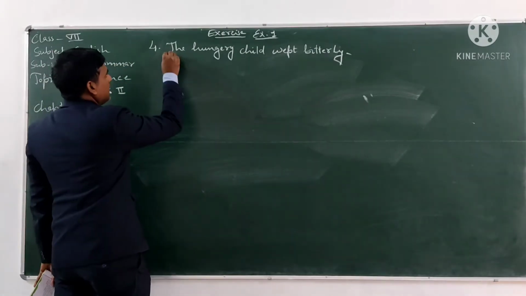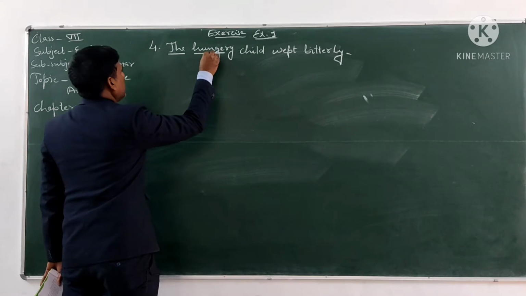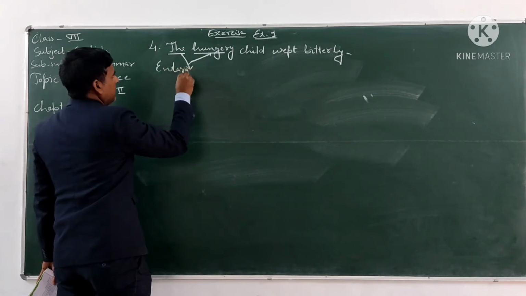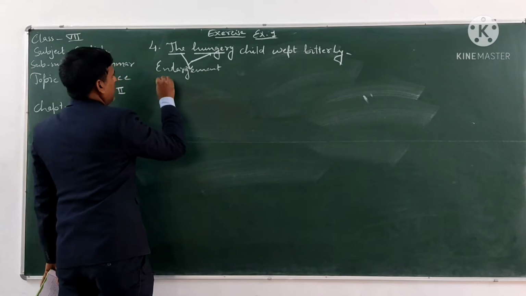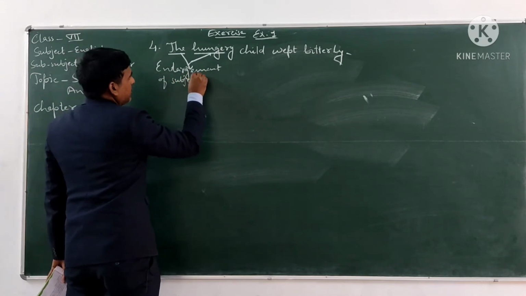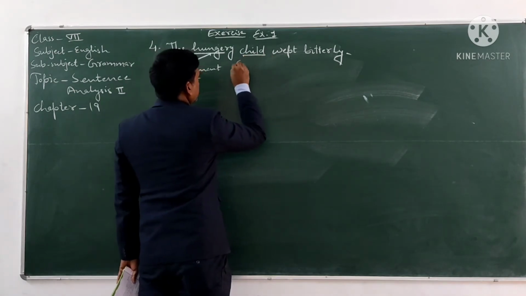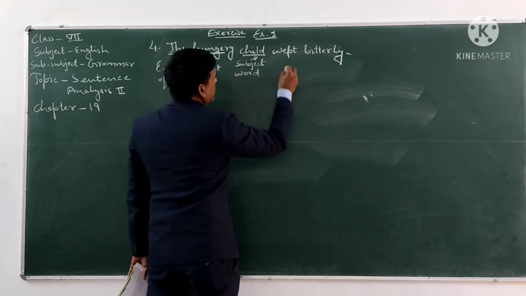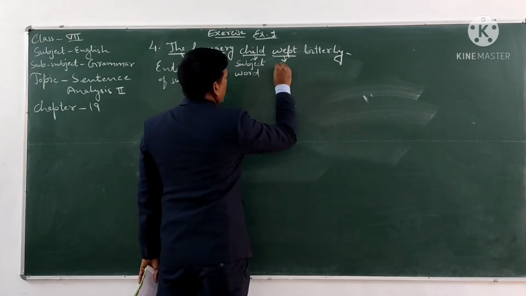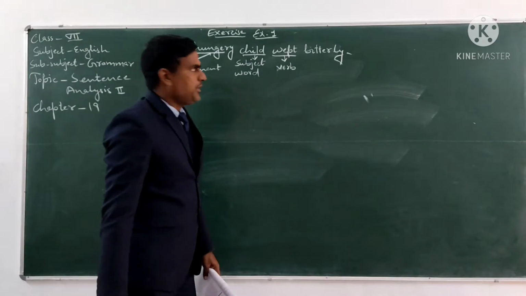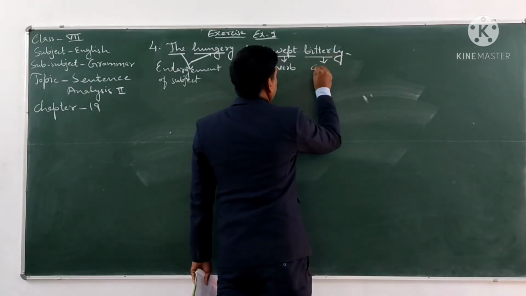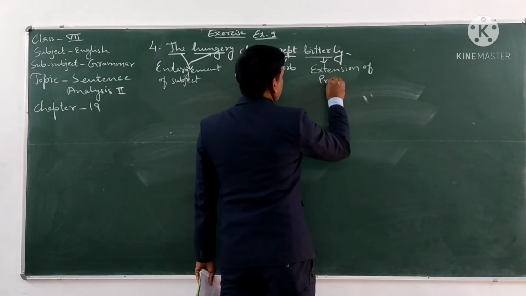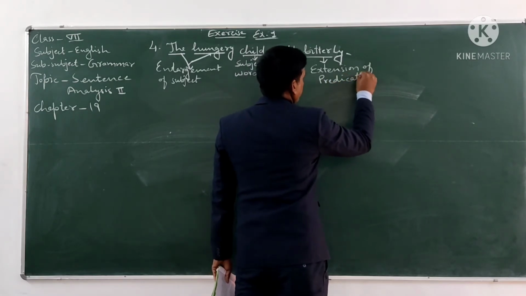In this sentence, the and hungry both are enlargement of subject, and child is the subject word, and wept is the verb, and bitterly is the extension of predicate.